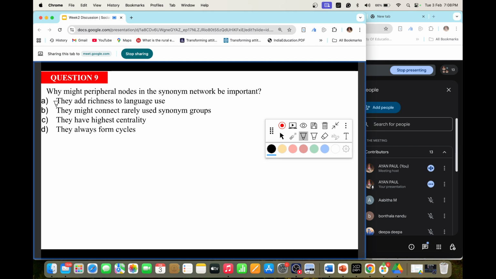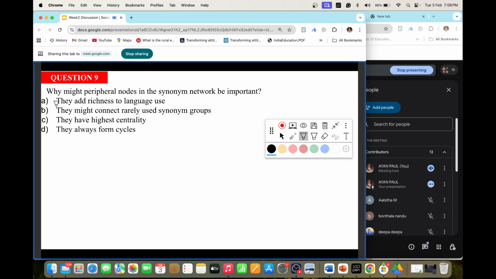Then why might peripheral nodes in the synonym network be important? Option A, they add richness to the language use. Option B, they might connect rarely used synonym groups. Option C, they have highest centrality.